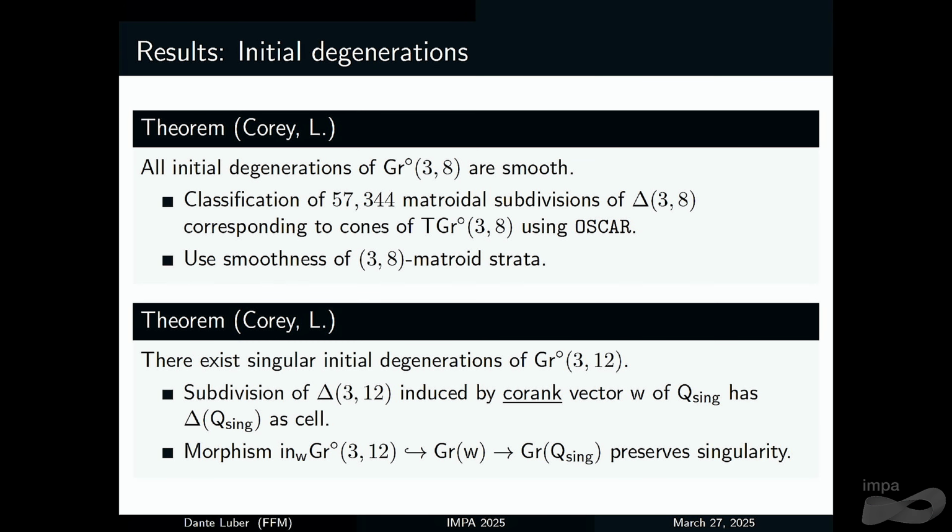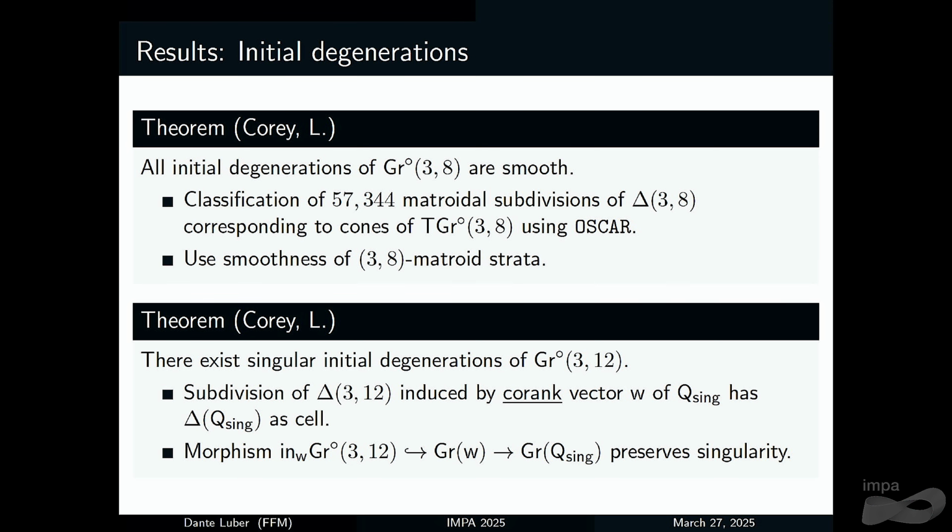And so here are the results. All initial degenerations of the open cell in the 3,8 Grassmannian are smooth. We found that out by taking all the symmetry classes of matroid subdivisions corresponding to cones in the 3,8 tropical Grassmannian, and sorting them into different classes. There were 57,344.